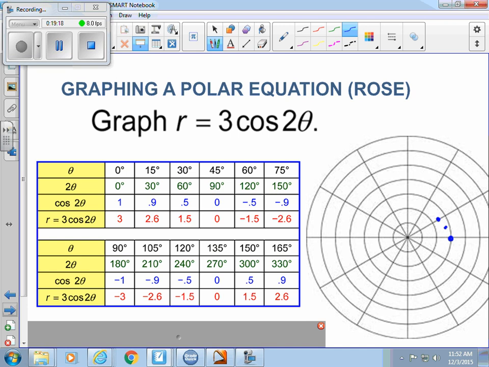Is it 1.5? It is, thanks. Very much farther down. 45 is 0. 60 is negative 1.5. How in the world do I put negative 1.5?